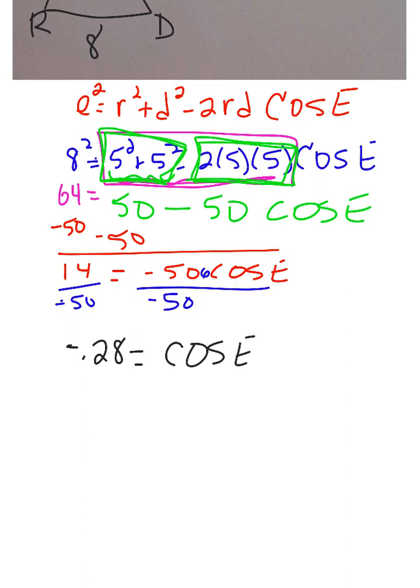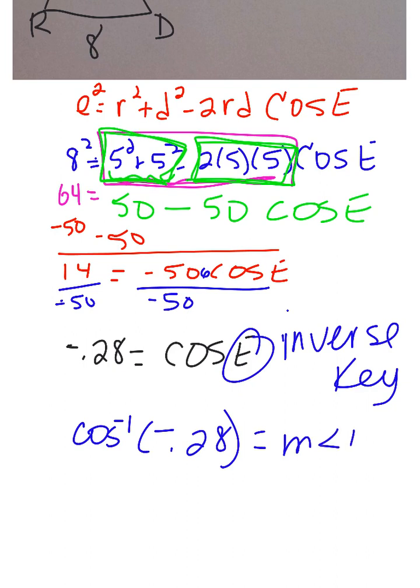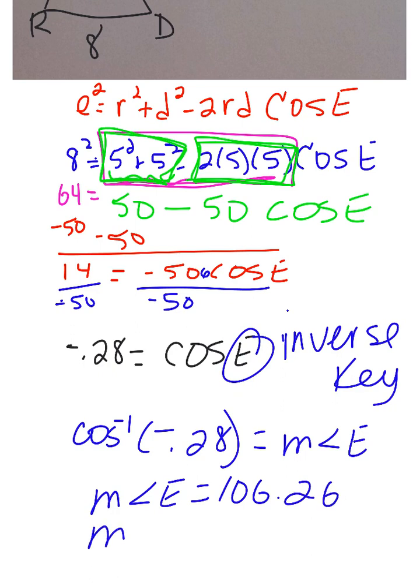Cosine E. Remember, when you find an angle, you use the inverse key. So I do second cosine, right? That's the inverse cosine of negative 0.28. And this is going to give me the measure of angle E. And the measure of angle E comes out to be 106.26. So the measure of angle E to the nearest degree would be 106 degrees.